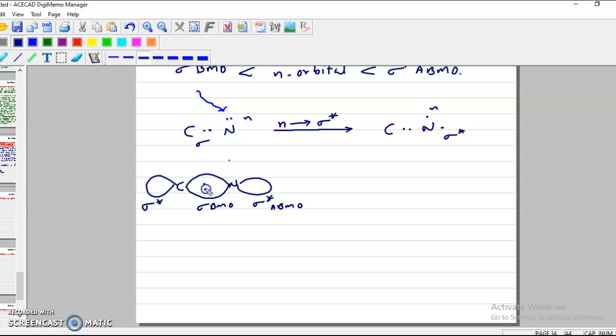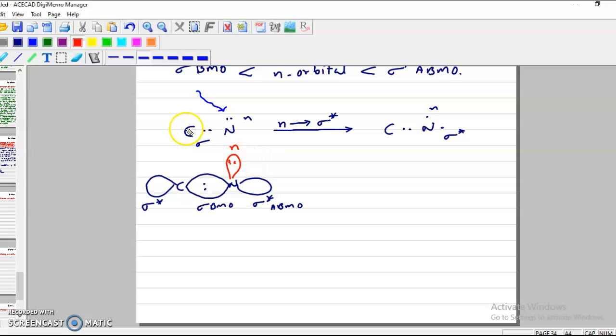There are two electrons in sigma bonding. Along with this, it has n orbital in which there will be two electrons. This is n orbital of nitrogen having lone pair of electron.